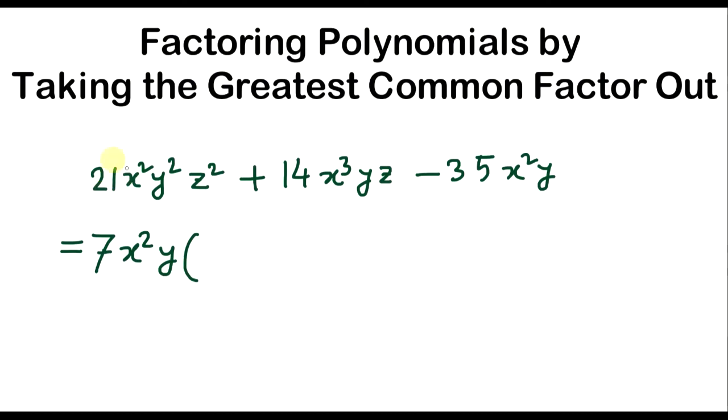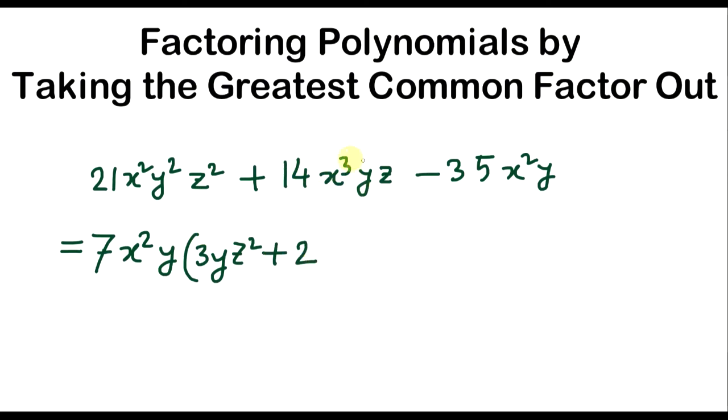Now divide 21 by 7, you get 3. X squared will be cancelled. Y squared here, y here, we get 1y from here. Z squared, we do not have any z here, so z squared remains with this. Next, if you divide 14 by 7, you get 2.